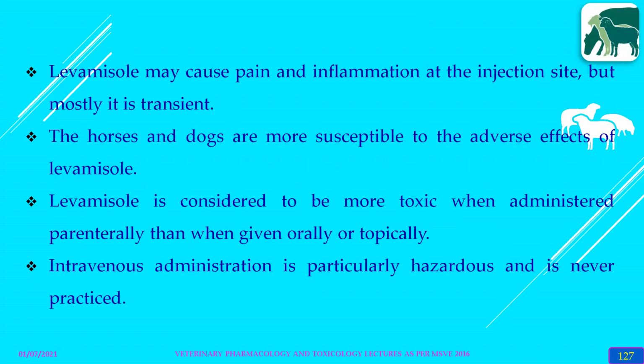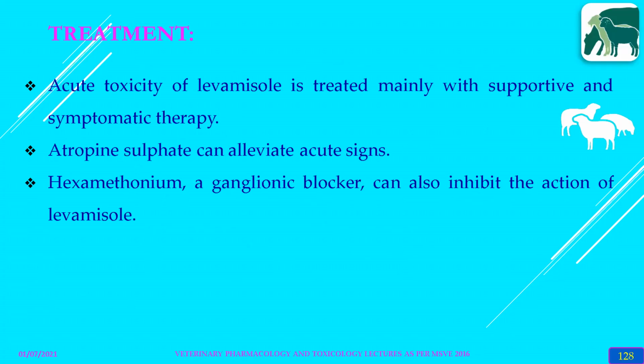That's the indiscriminate use of levamisole. Then treatment of the toxicity of levamisole is with a lot of supportive and supplementary therapy, and atropine sulfate should alleviate acute signs, and hexamethonium, a ganglionic blocker, can also inhibit the action of levamisole.